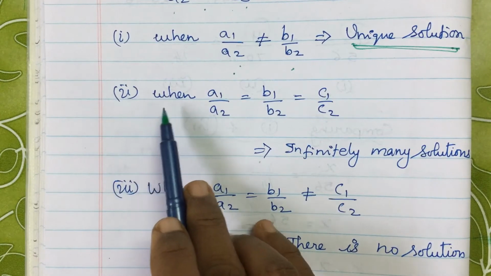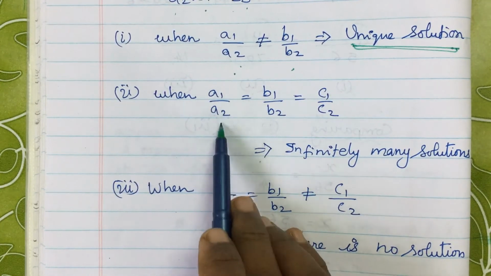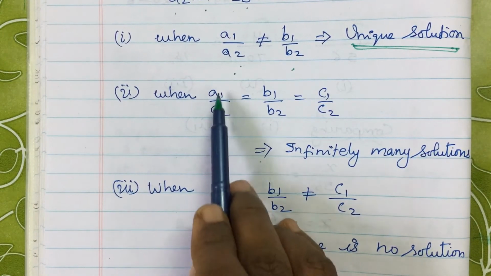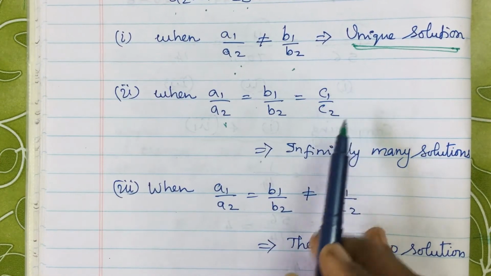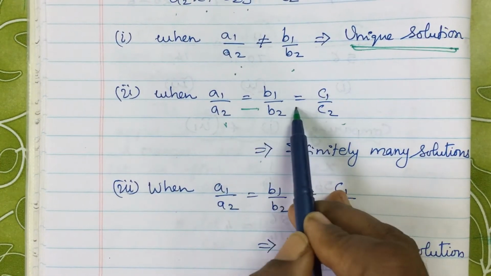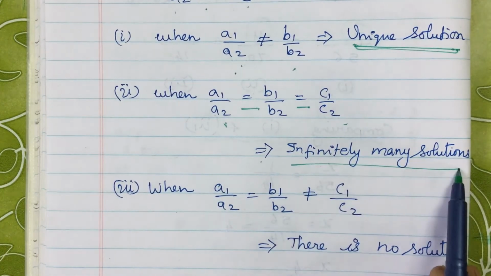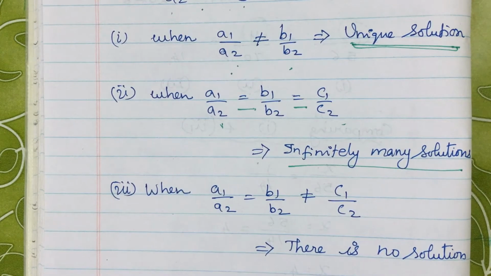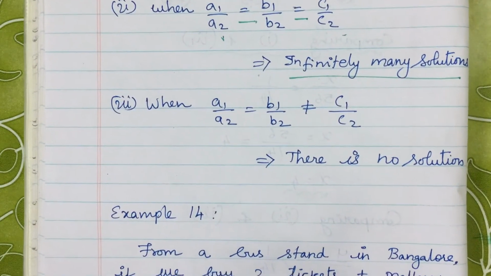Then coming to the second condition, when a1 by a2 is equal to b1 by b2 equal to c1 by c2. If everything is equal to one another, then you have infinitely many solutions. You have infinite pairs of x and y values for a given set of equations.